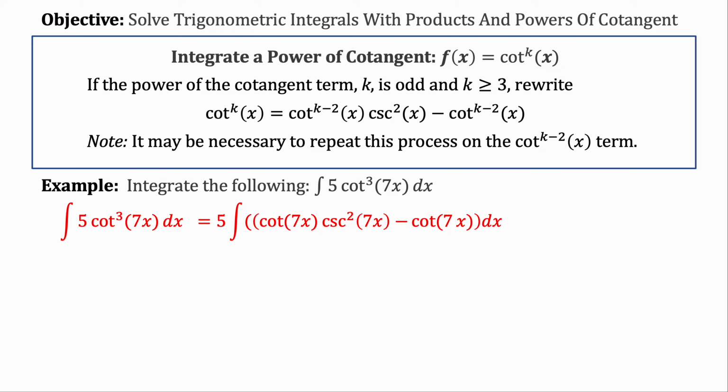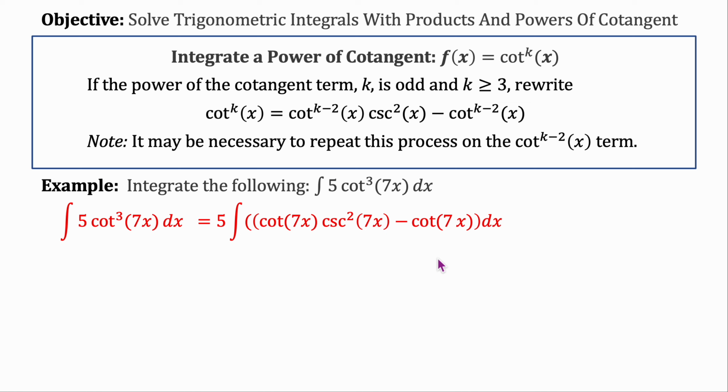We're going to do the same thing we did for the last problem with that cotangent cubed: reduce the power by 2, which is replaced by a cosecant squared minus 1. In this case, it would be the cotangent of 7x, cosecant squared of 7x, minus the cotangent of 7x.